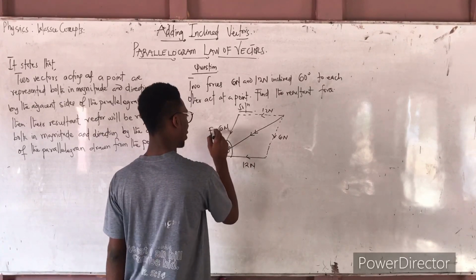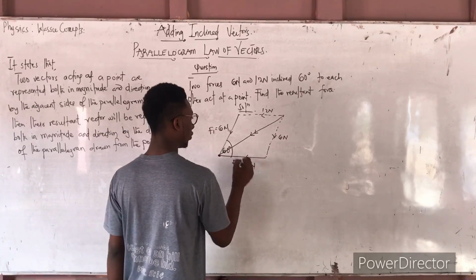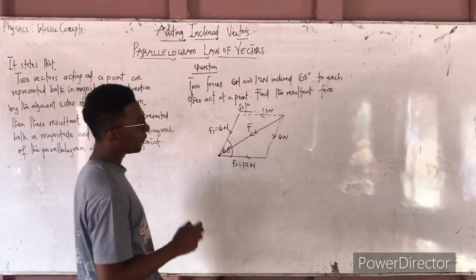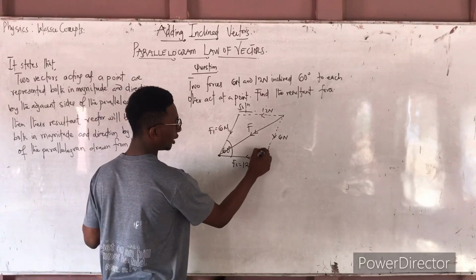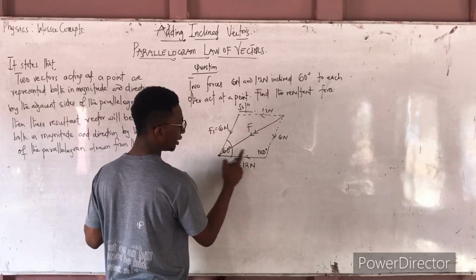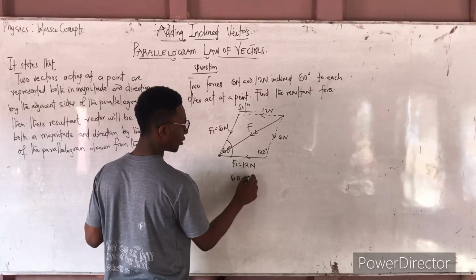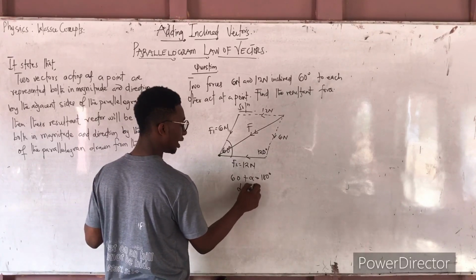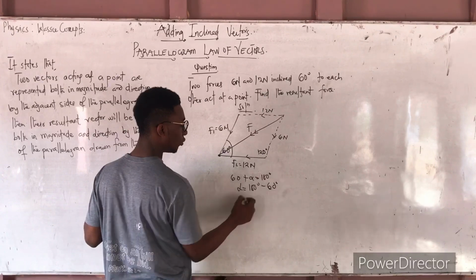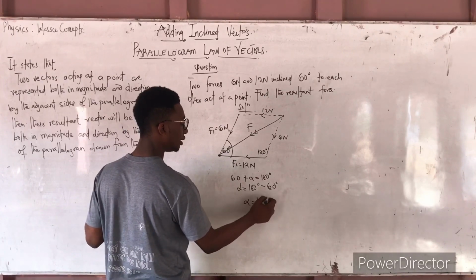So this is F1 and this is F2. So therefore this is the resultant force F. Now when you do that, the angle here is very simple. It's 120 degrees because 60 plus the alpha here should be equal to 180, and alpha becomes 180 minus 60, which is equal to 120 degrees.